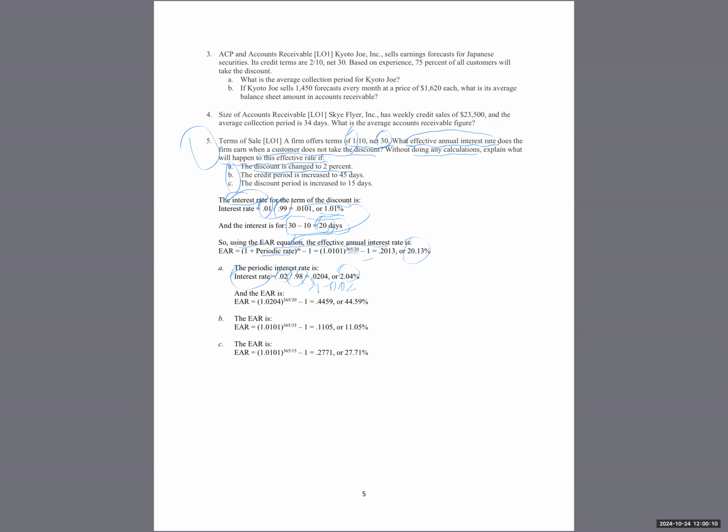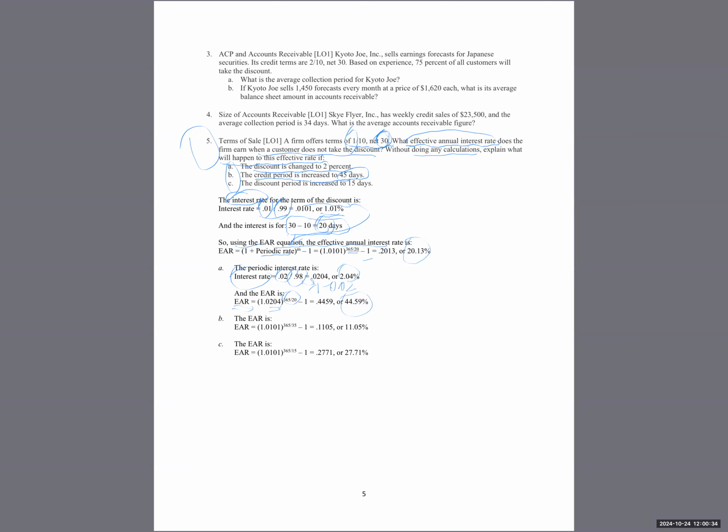The EAR will change with the interest rate, and the discount period stays the same. So you will find the EAR is 44.59%.